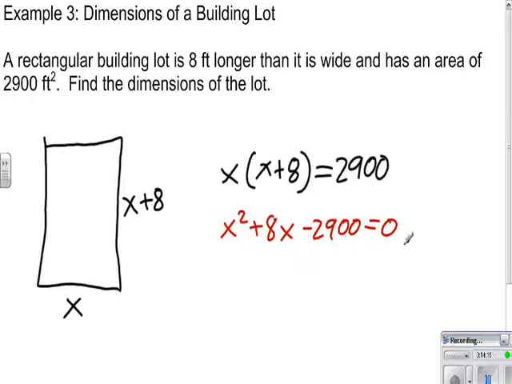Since 2,900 is a pretty big number, it could take some time to figure out the factors that would equal 8. I already know that they are 50 and 58, so it'll be x plus a positive 58 and a negative 50.